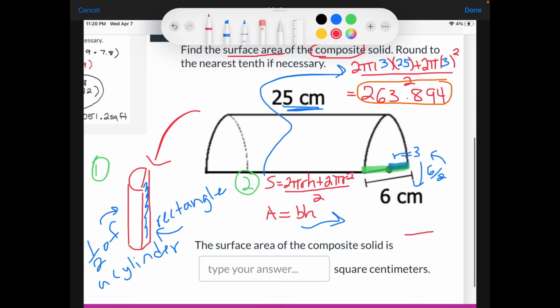So we know that the height of this rectangle is going to be 25, and the diameter, or the width of it, would be 6. And so the area would be 25 times 6. Multiply those two numbers together and we get 150.